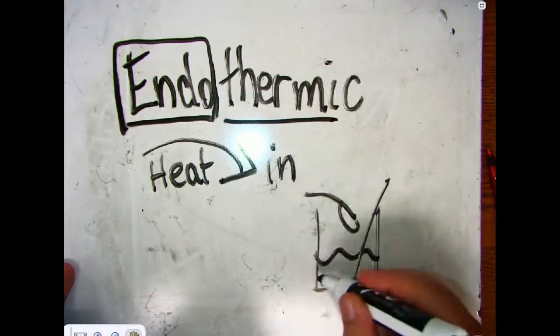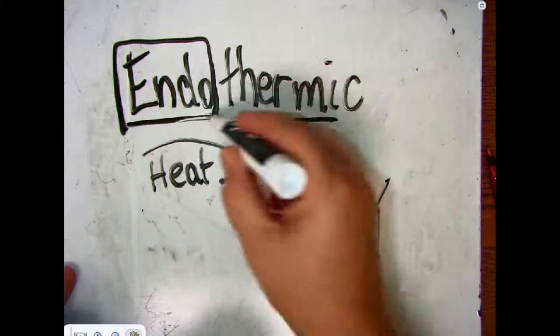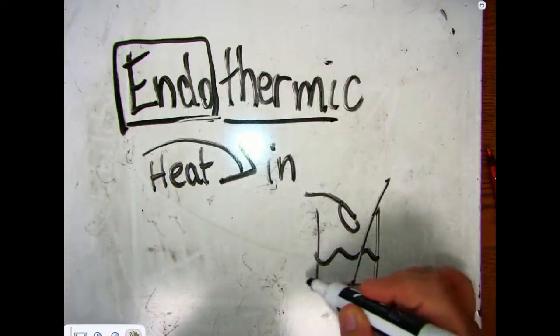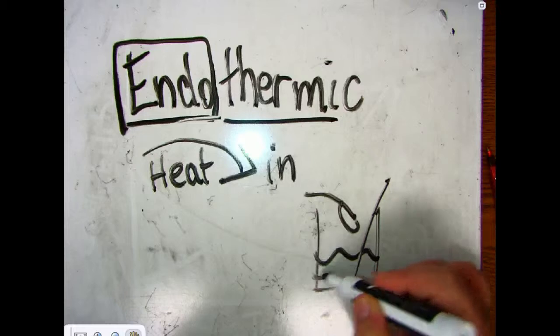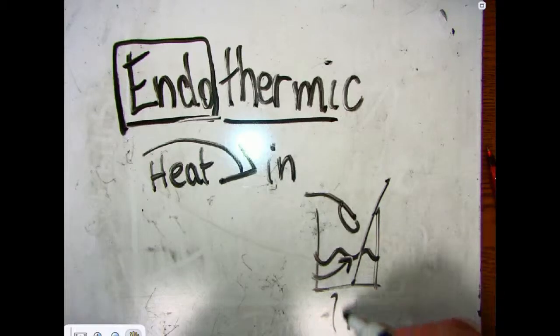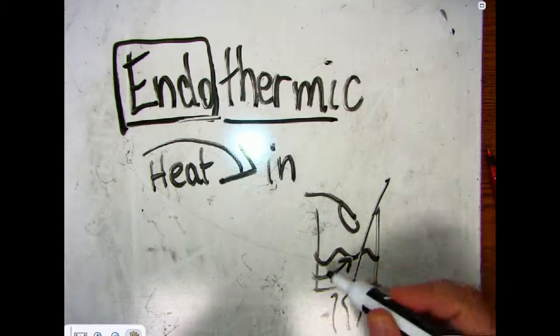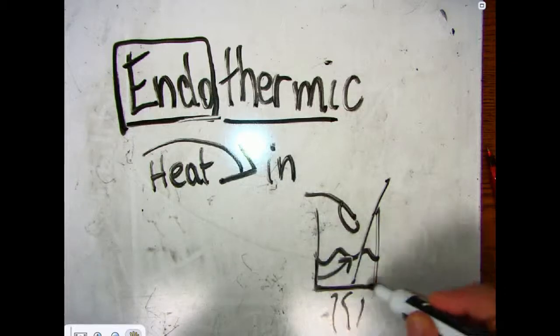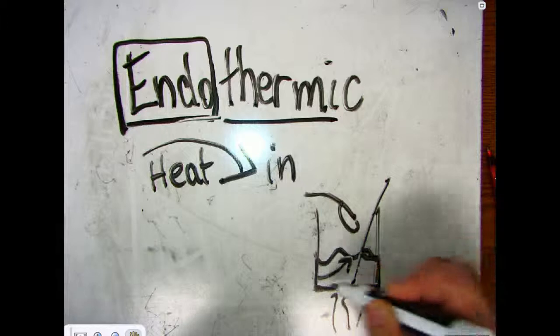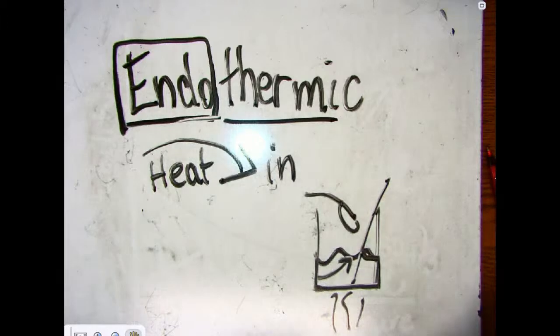So the lower temperature shows that it's an endothermic reaction because there was heat given into the reaction. And the heat didn't come from an outside source. We didn't add a flame or anything to it. What we did was the reaction actually spontaneously took the heat from within the vinegar, which is why it cooled off.